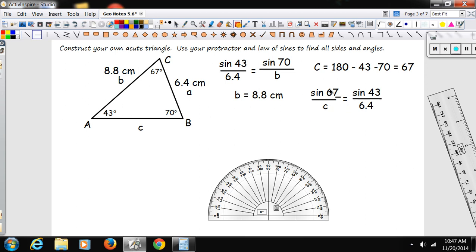So I did sine of C over C equals the sine of A over A. Since I knew the angle A and the side A, I could use the sine of A over A.